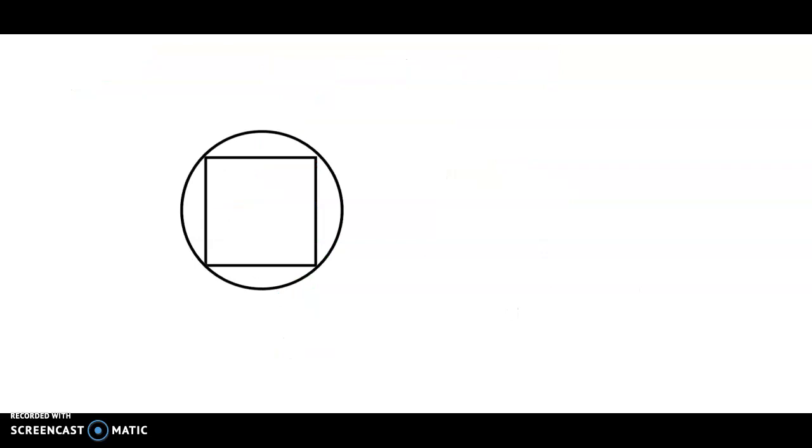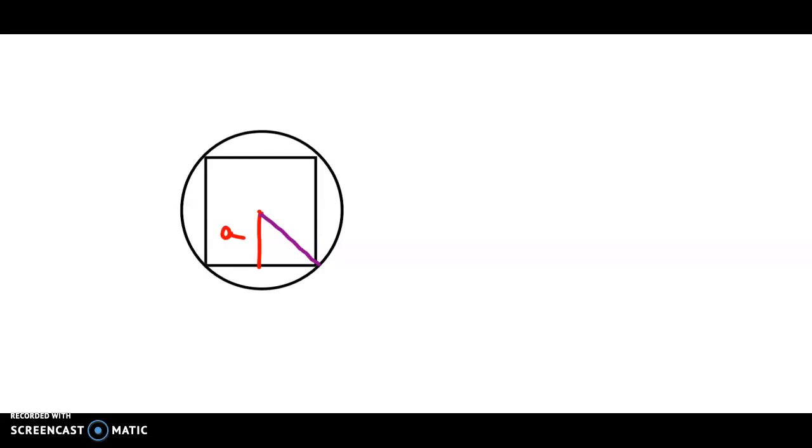So the same thing is going to be true for a square. The center of the circle that's inscribing the square, perpendicular, is going to be an apothem. You're going to have the radius of the circle, which is going to bisect this side.